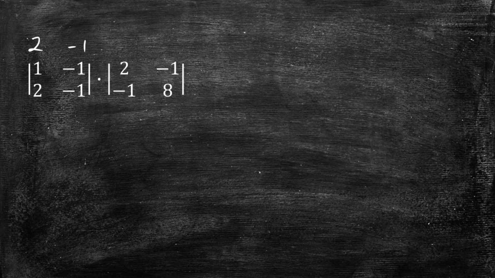All right. And now what you do is you take the first number and multiply it to the first number there, and then the second number and multiply it to the second number. And when we do that, what we get is 2, because 2 times 1 is 2, plus -1 times -1 is 1, just like that. That's going to be our first entry in the new matrix.